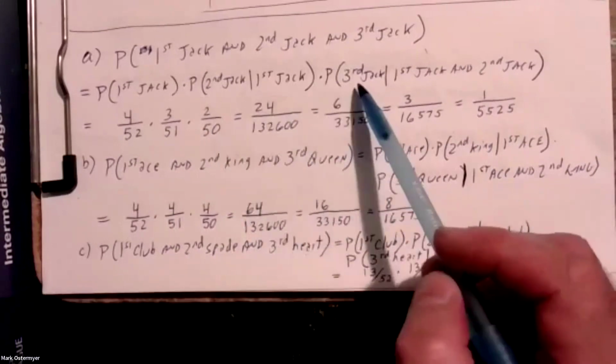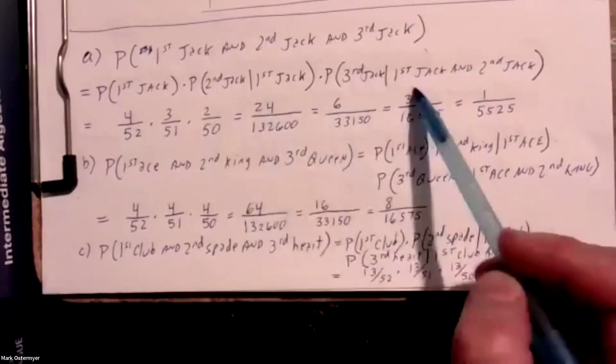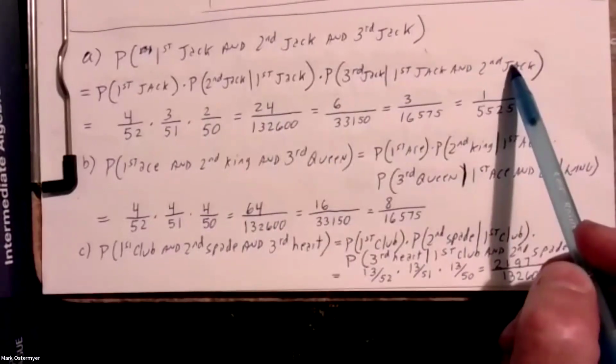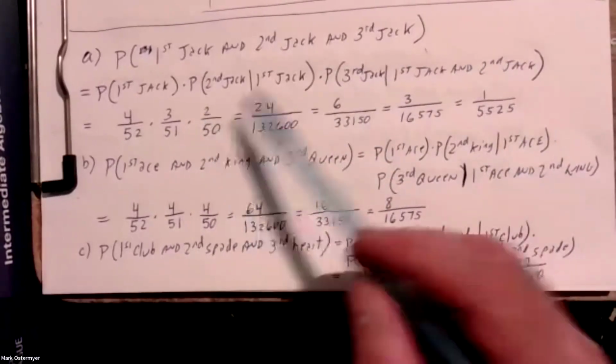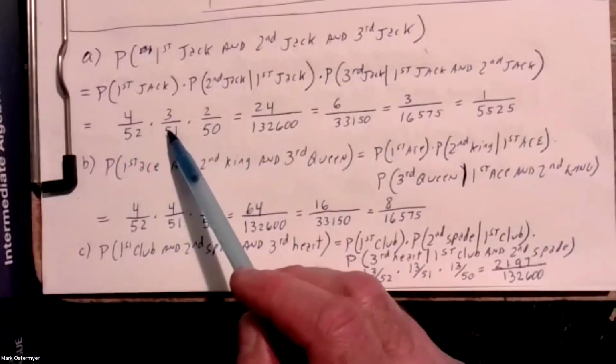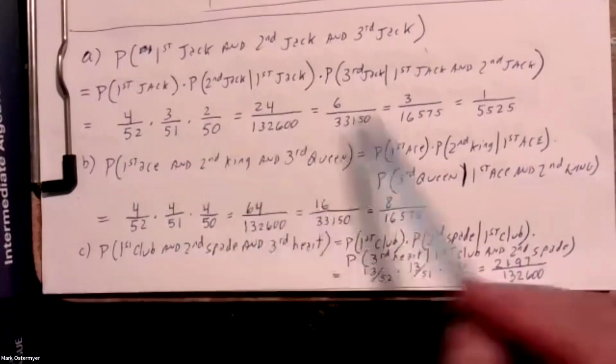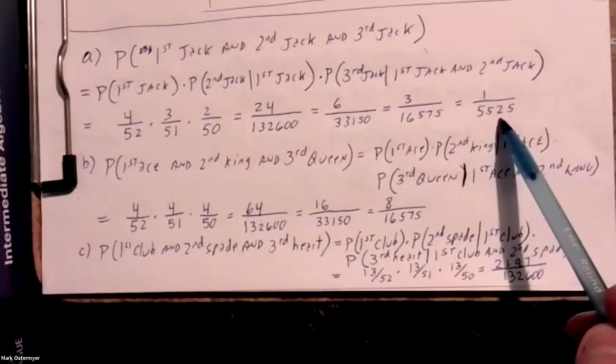So what's the probability that the third card chosen is a jack? Well, there's only 2 jacks left because 2 of the jacks are kept out on the first and second selection. 2/50. This is the probability of selecting 3 jacks in succession from a deck of cards without replacement. That's what the probability reduces down to.